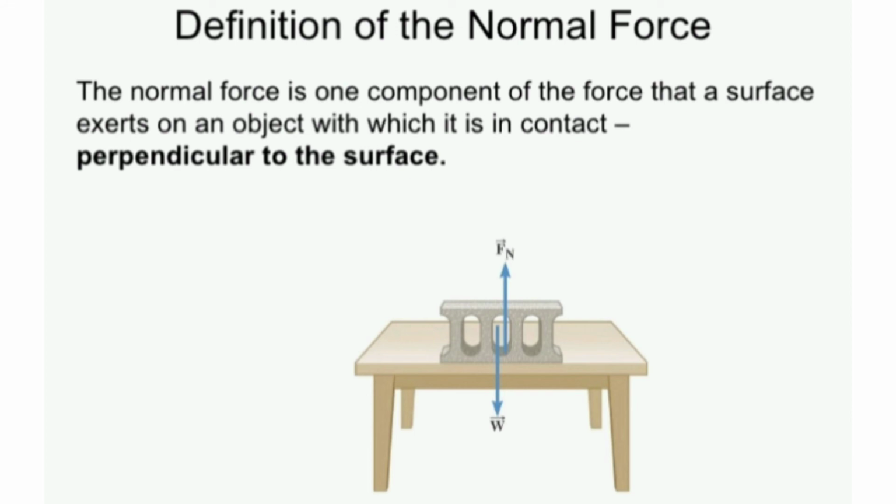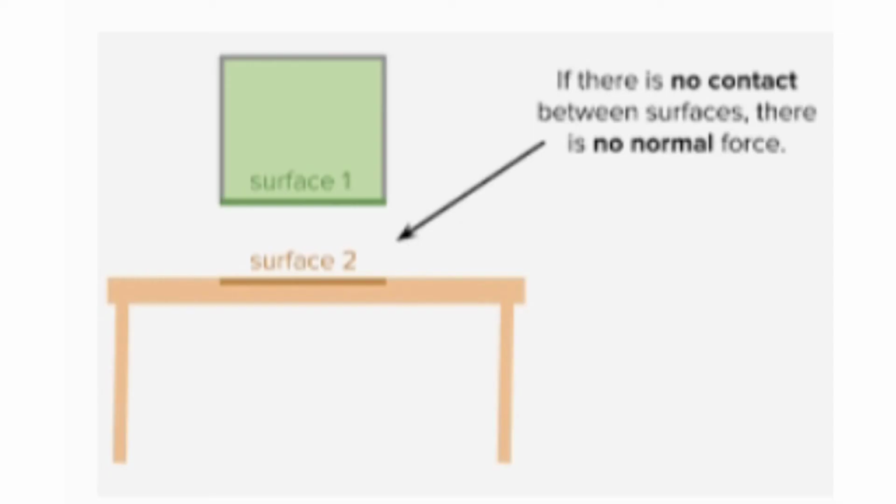Normal force acting on the object by the table. It is perpendicular to the surfaces in contact. If there is no contact or no touching between surfaces, there is no normal force.